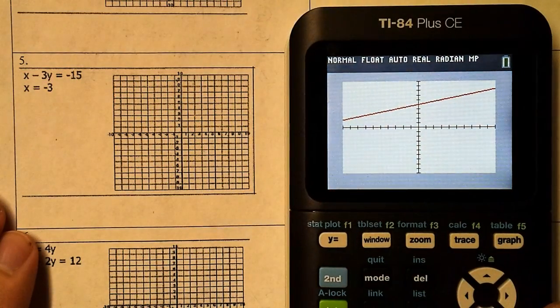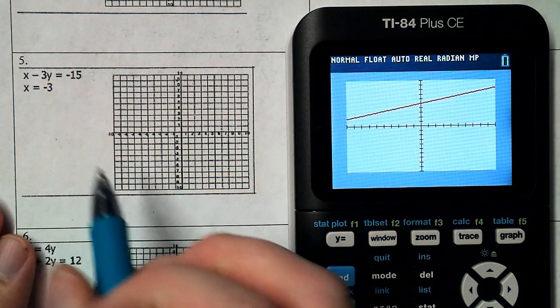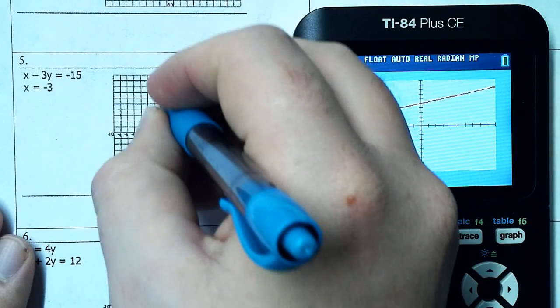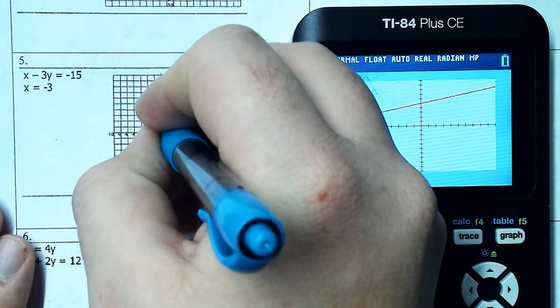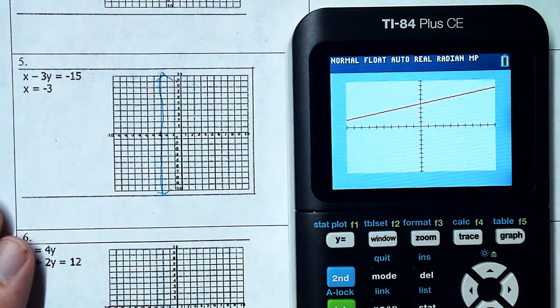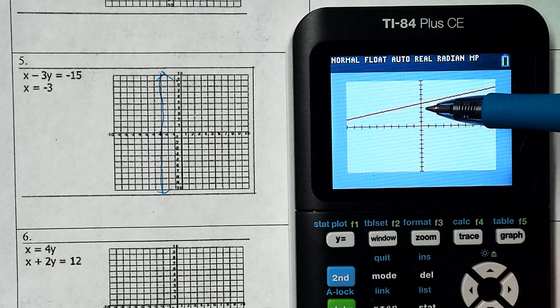Well, I know my other line is at x equals -3. So that's going to be a vertical line at -3. Boom, right there. So I know my line is going to cross here at 1, 2, 3. All I need to do is find my y value.